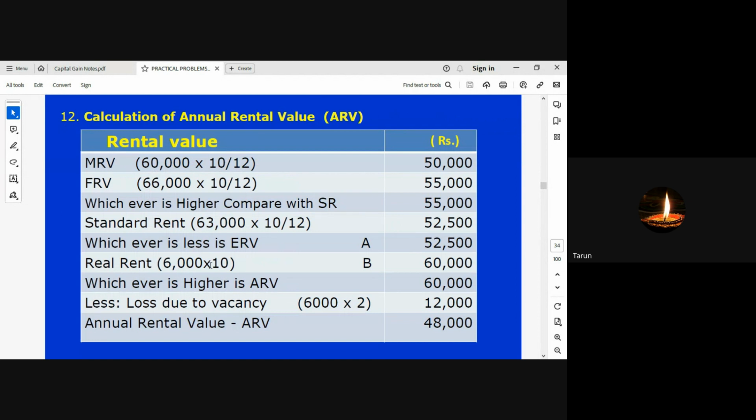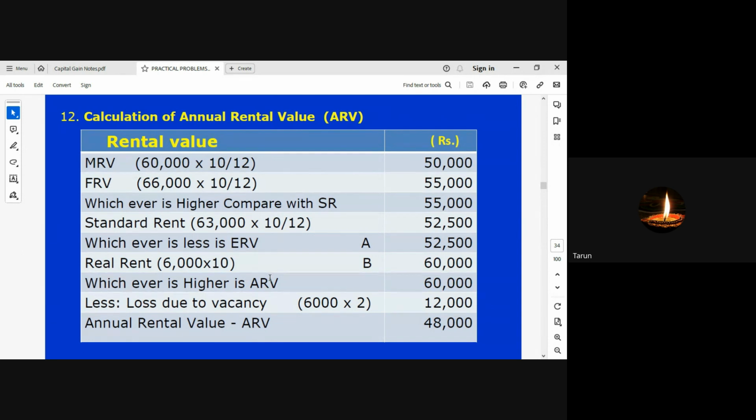So 6,000 into 10 months is 60,000. Whichever is the higher value, that value we call the annual rental value. So whichever is higher is 60,000. So 60,000 is the annual rental value.